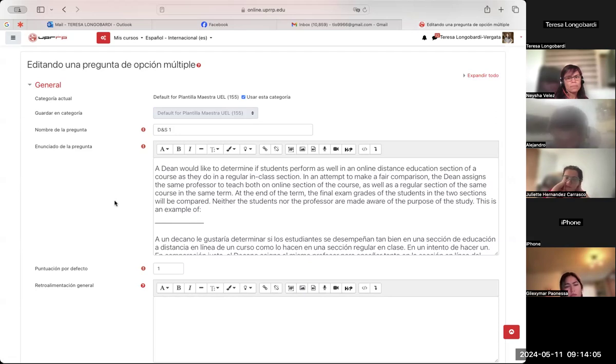So you're not really testing the method or the modality. All you're doing is looking at whether students appropriately self-selected. Self-selection is really important to control against because it's confounding the result.